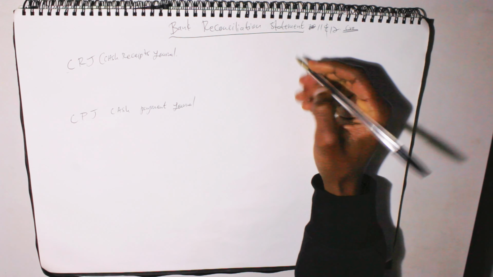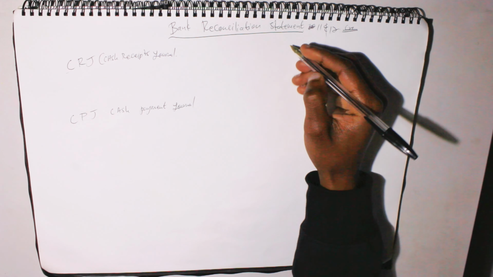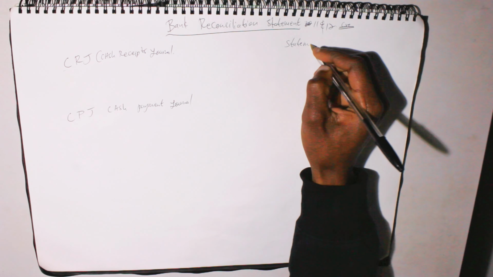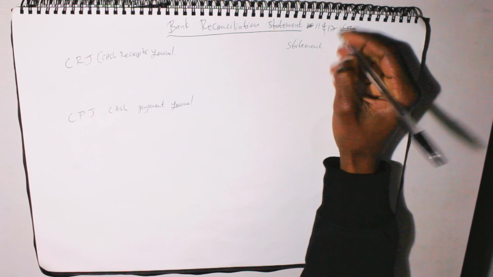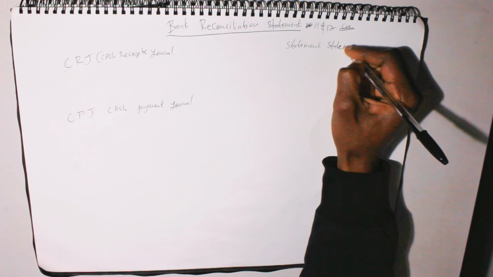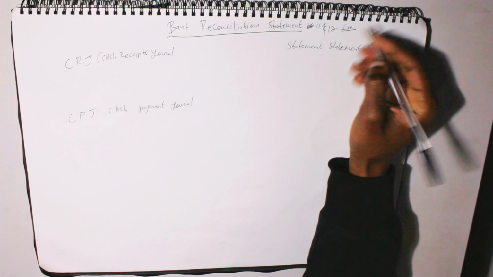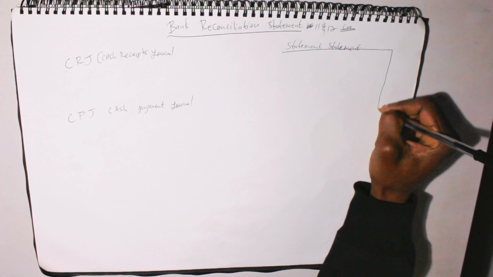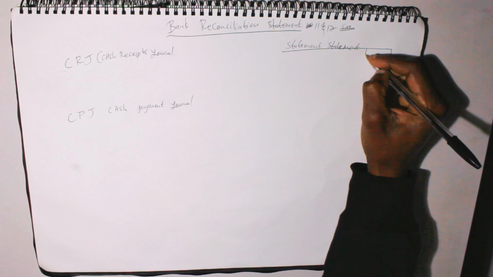Now we have also what we call a bank statement. Bank statement, it is the statement that you get from the bank. Now your bank statement will come looking like this. Sorry about that, not a good drawing, but I'll try to make it simple.